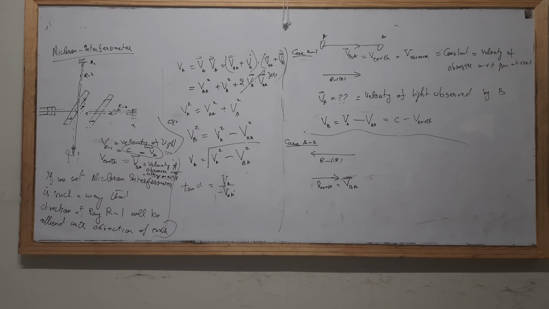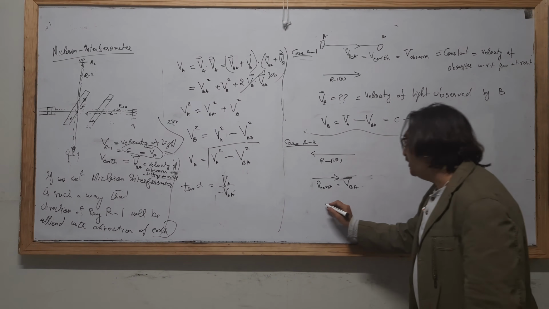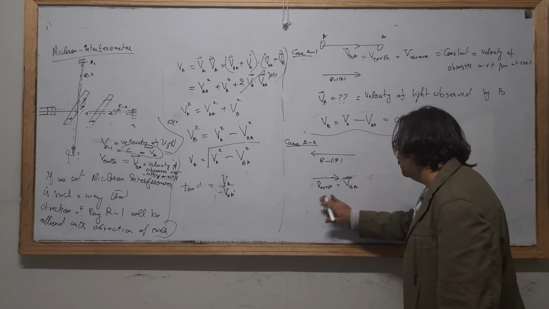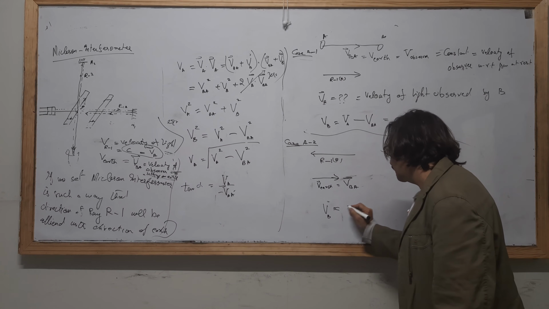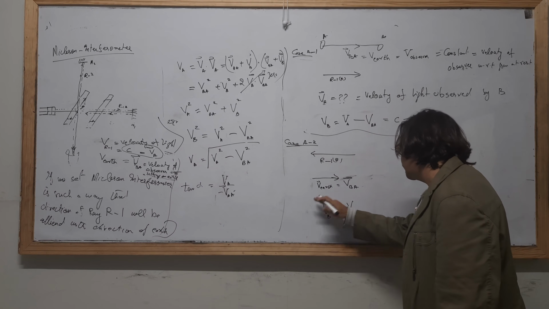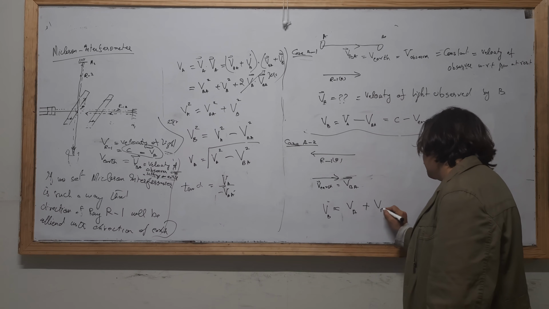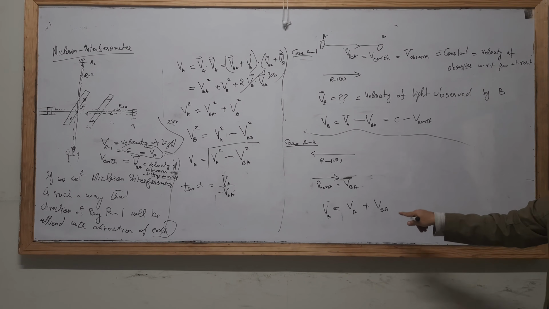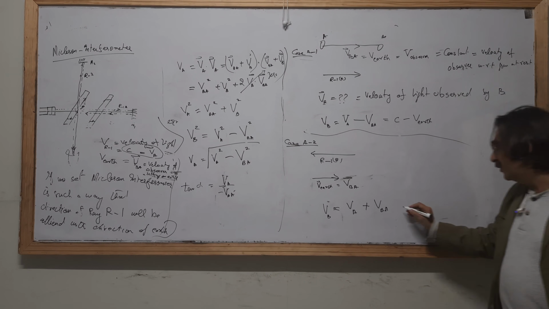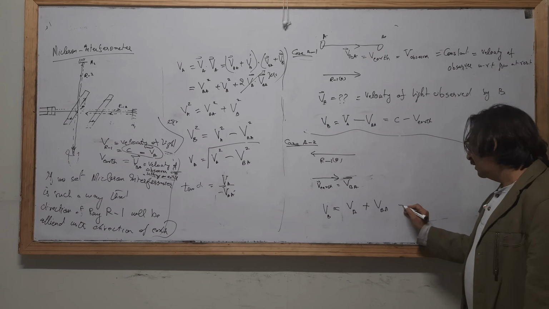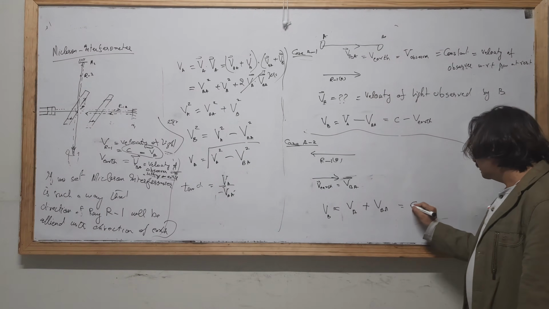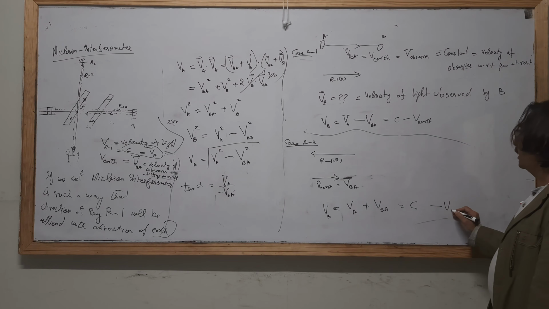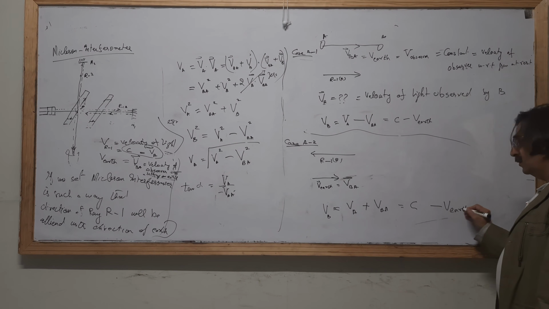So now VB is equal to VA plus VBA. If the direction is opposite, then both will be added, and this will be equal to C plus V Earth.